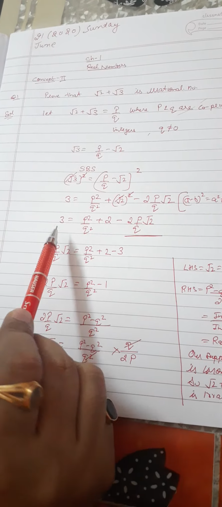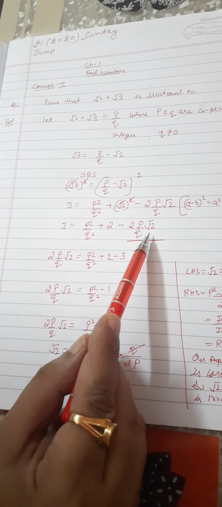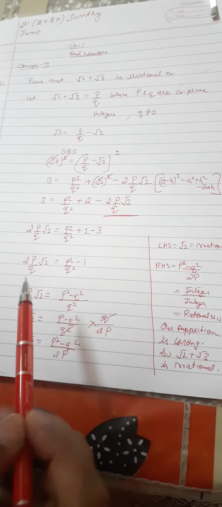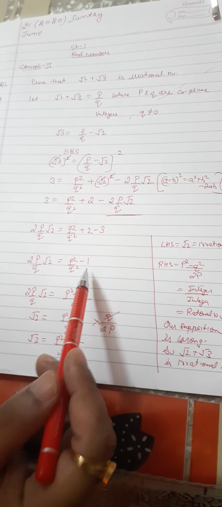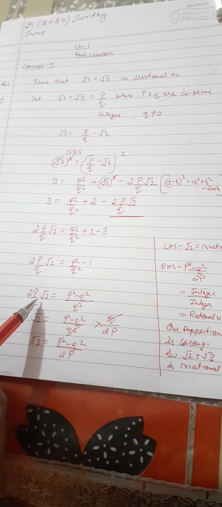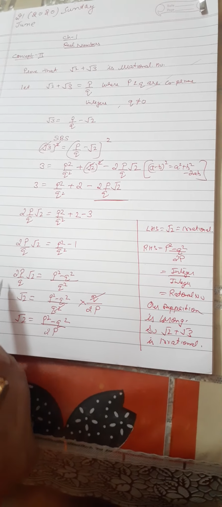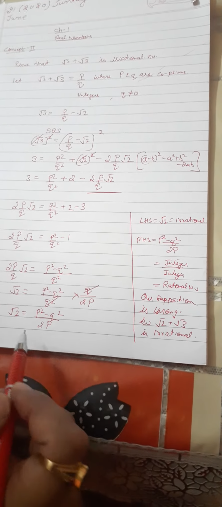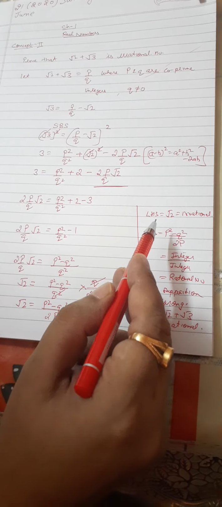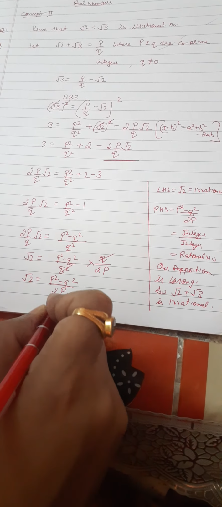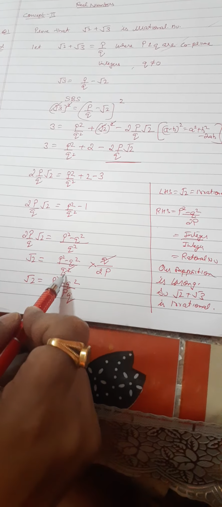Then solving it, shifting this minus term to the left hand side and bringing this 3 to the right hand side. 2 minus 3 is minus 1, taking LCM, then shifting this 2p upon q to the right hand side, it will become the reciprocal, and it gets cancelled. Okay, p square minus q square, 2pq. So q will also come here.